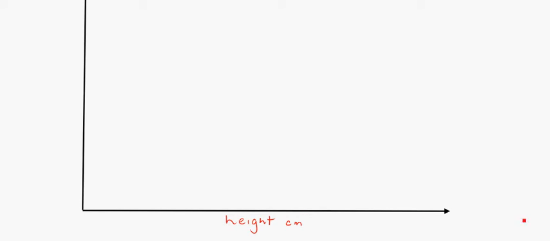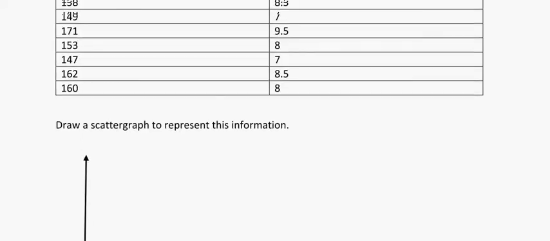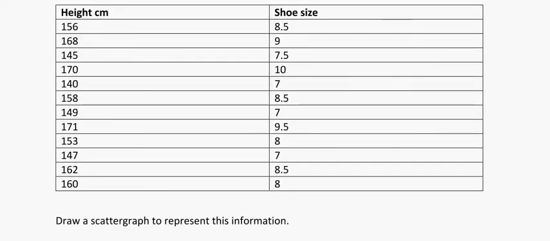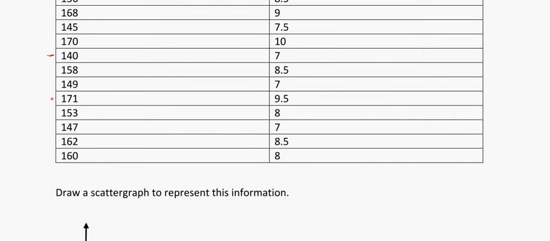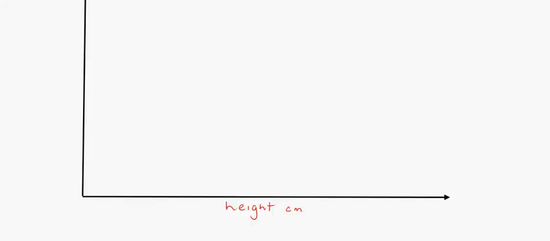And if we go back to the data, our shortest person is 140. Our tallest person is 171, so our scale has to be somewhere between those two, and you usually do a little bit more each side. So if we go, say, from 130 to 175.